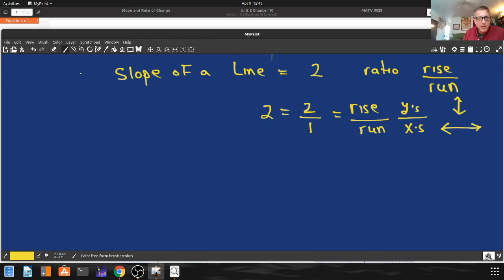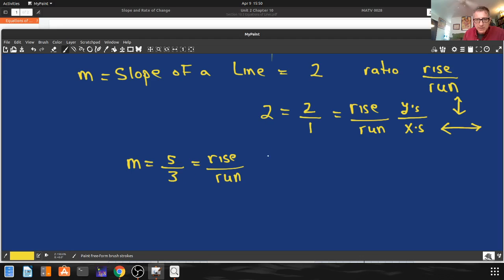Remember, we also use the letter m to refer to slope. Suppose you have a slope equal to 5/3. Well, then that's really simple. That's equal to the rise over the run. So it has a rise of 5 units and a run of 3.